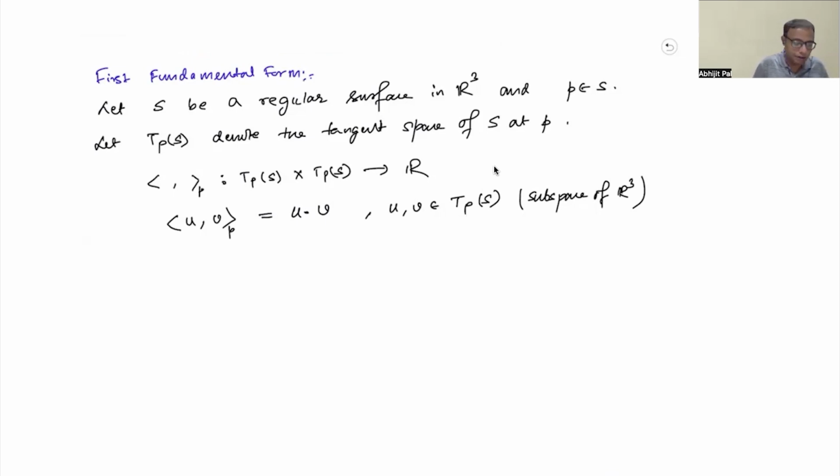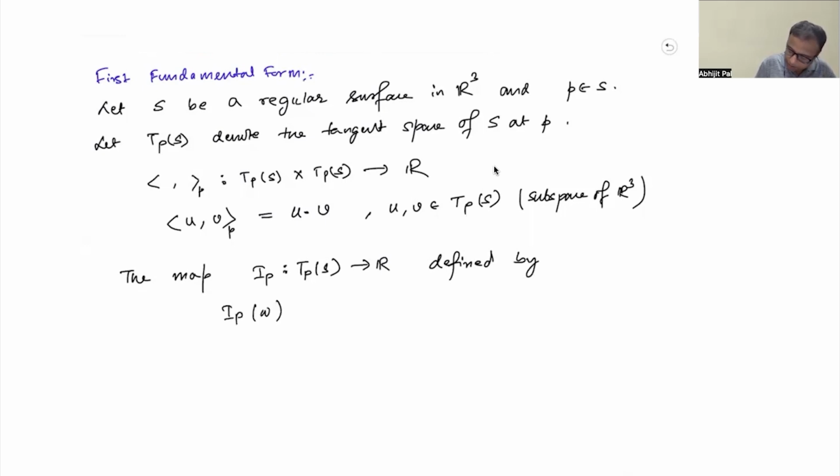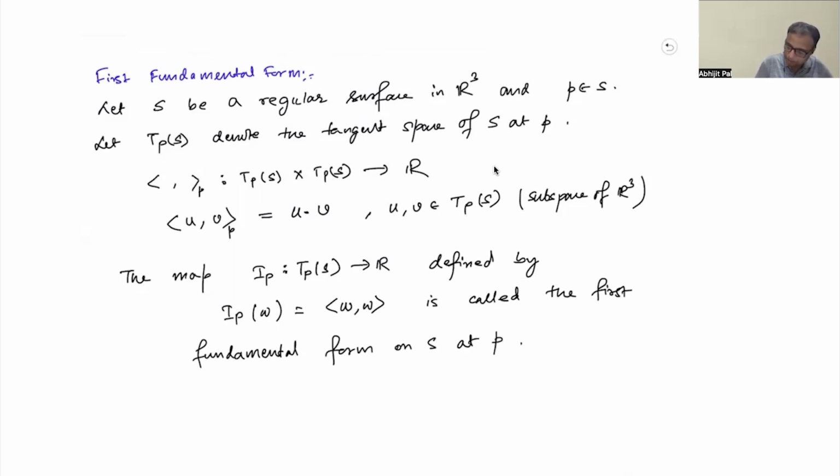Okay, and now what is the definition of the first fundamental form? The map IP from the tangent space of S to R defined by IP(W) equal to the inner product of W with W is called the first fundamental form on S at the point P. So this W belongs to the tangent space.